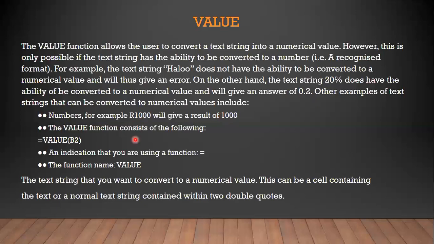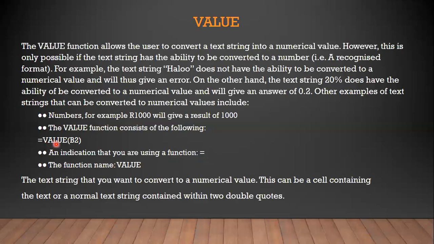The value function consists of the following. To write it, I'm going to write equals value B2, an indication that you are using a function. The equals tells me it's a function. The function name is value.